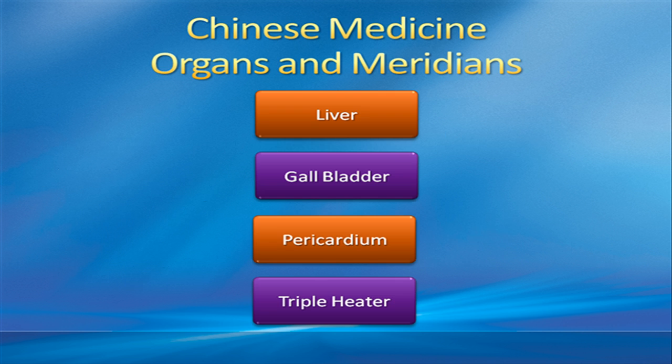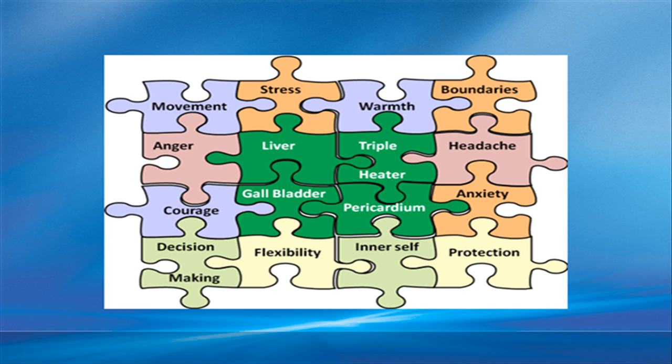Next, we have the liver and gallbladder organs and meridians, which are paired with the triple heater and pericardium. This is another subcircuit which has many important functions in the growing child. We can see from this grouping of functions that symptoms that may be included in this category are also correlated with a multitude of varied activities.